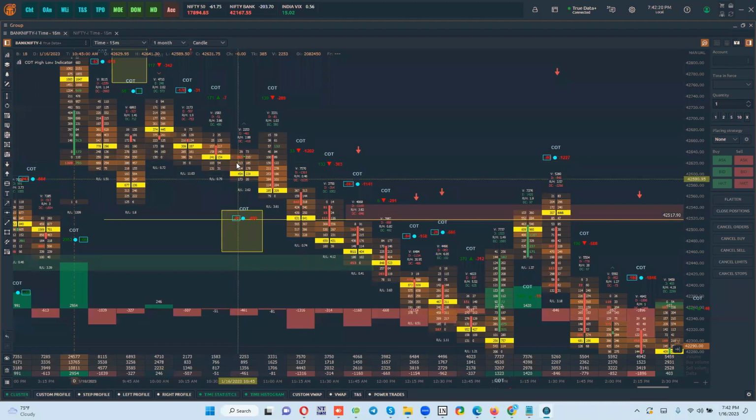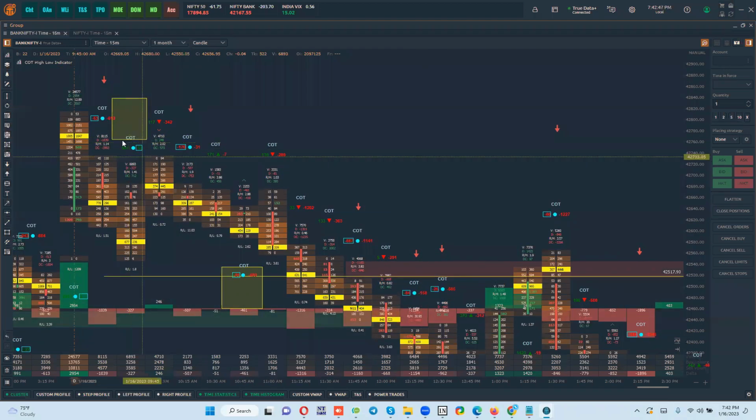From the low till the close, there were more sellers, and from the high also till the close, there were more sellers. From high to close, having more sellers is definitely a possibility. But from low to high, most of the time it should be a positive COT low value. So that is where we consider this as a trapped seller bar. Similarly, we see this as a trapped buyer bar.